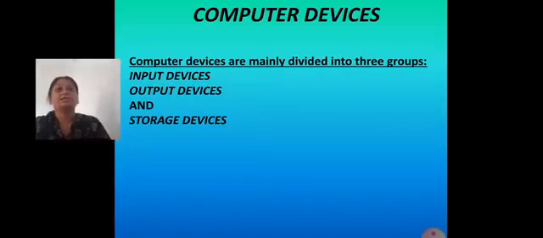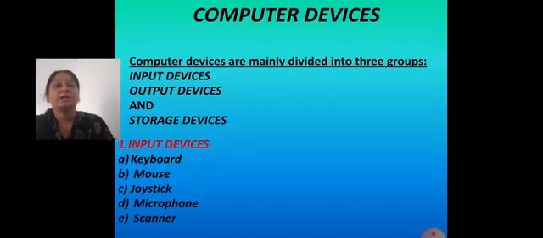Now let's see computer devices. These parts are called computer devices. The computer devices are mainly divided into 3 groups: input device, output device and storage device. Input devices are keyboard, mouse, joystick, microphone, scanner.